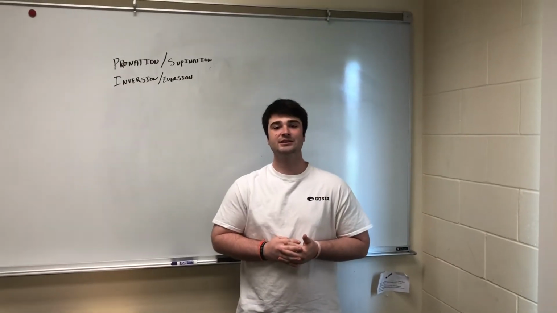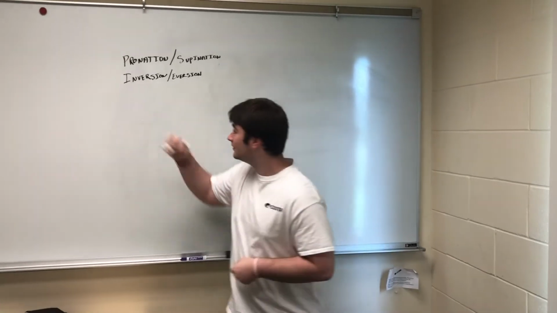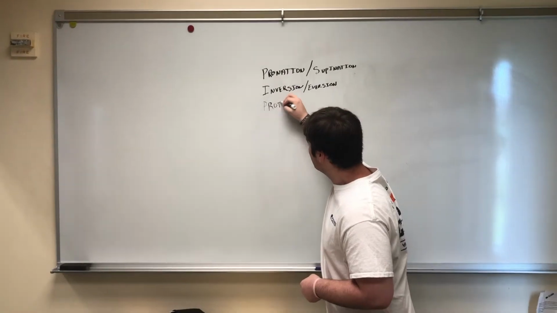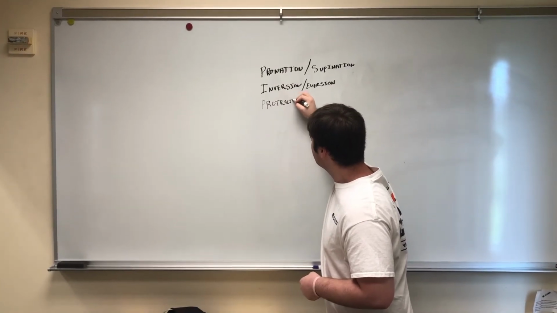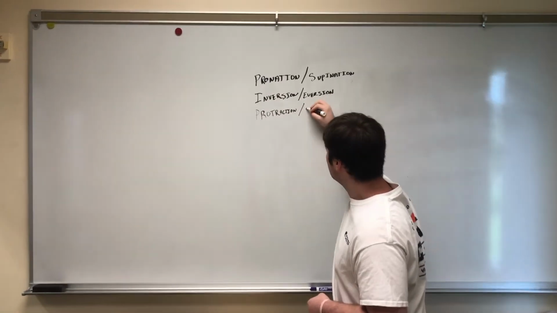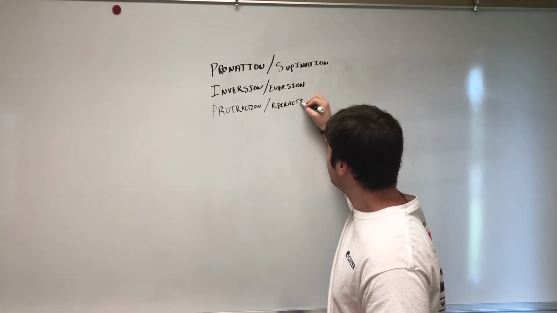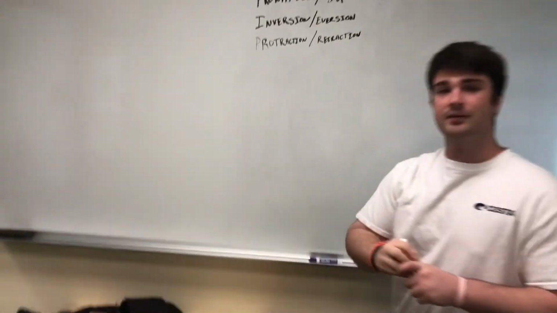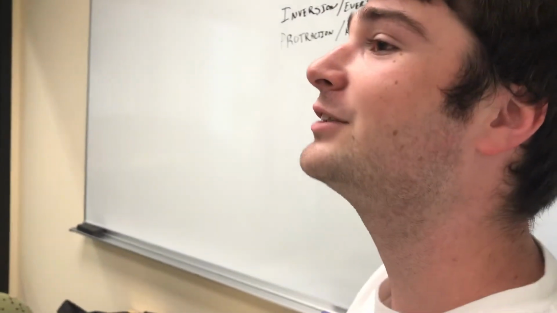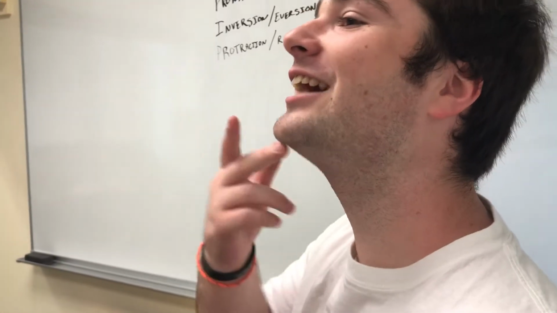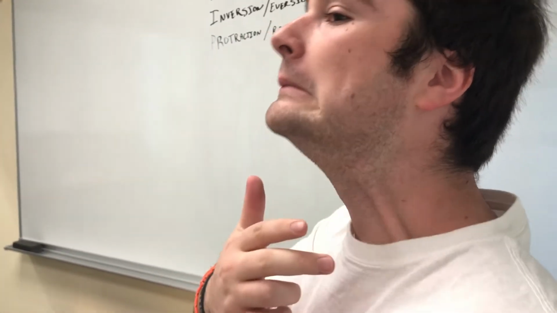All right, next on our list is protraction and retraction. This can happen at the jaw. Protraction would be moving your jaw out. Retraction would be putting it back.